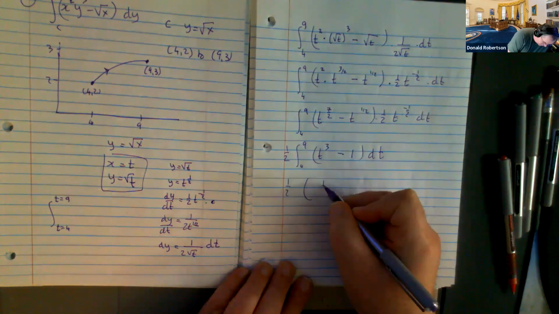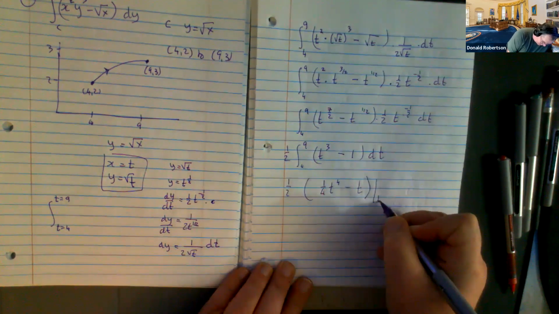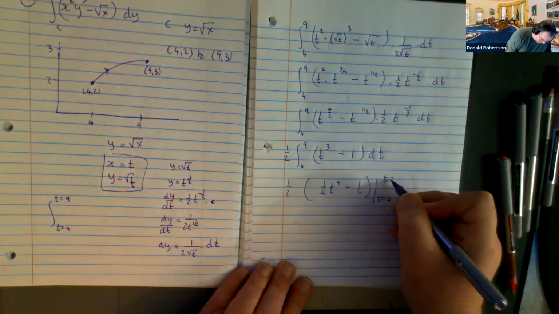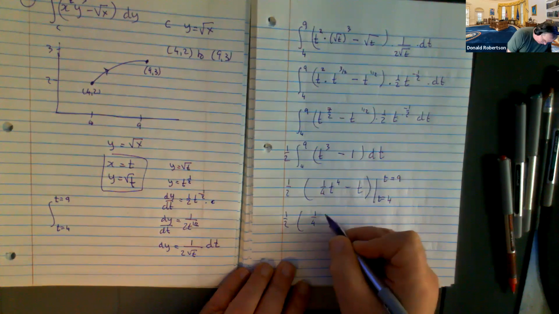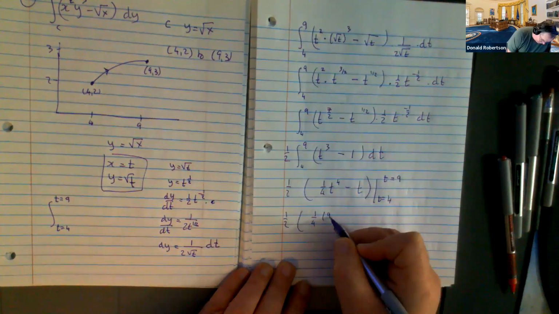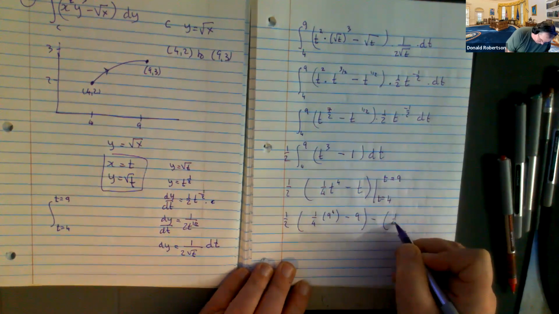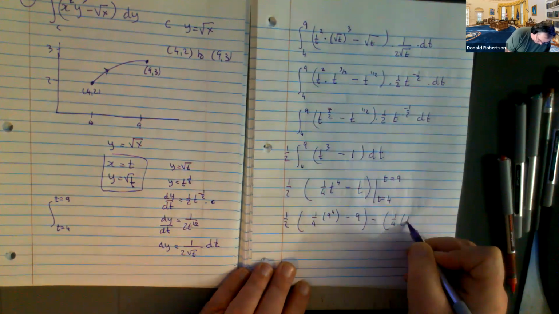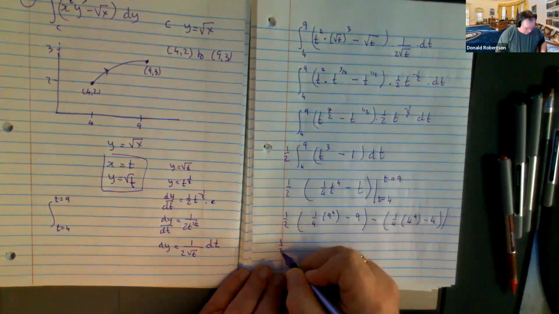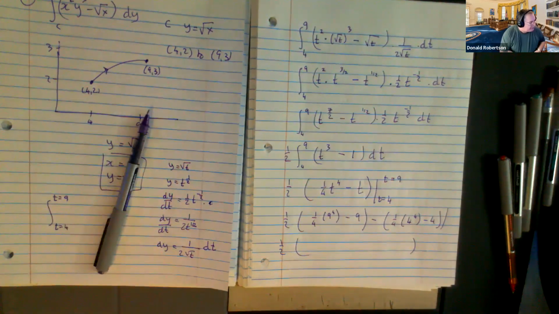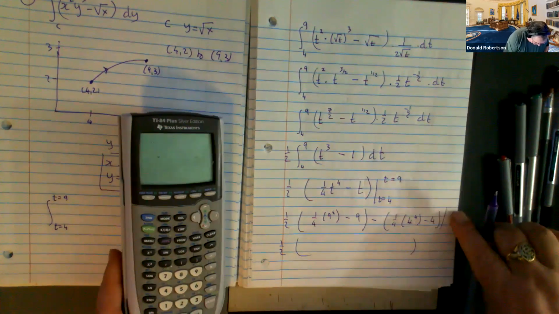Per rule, evaluate at t equals 4 to t equals 9. Okay, this answer better be 6285/8. Let's find out if it is.